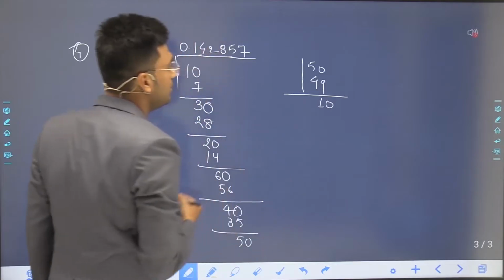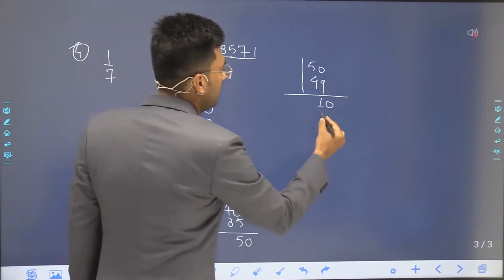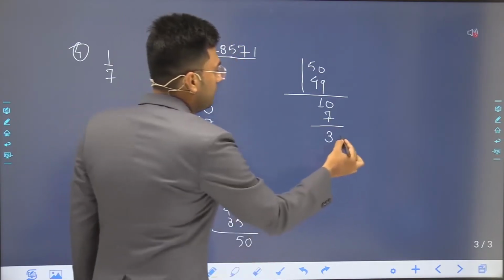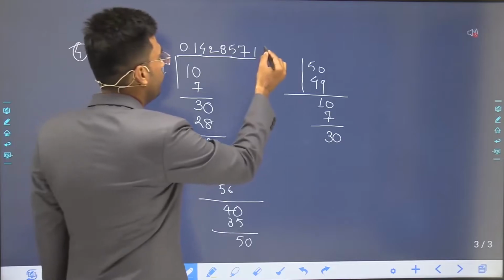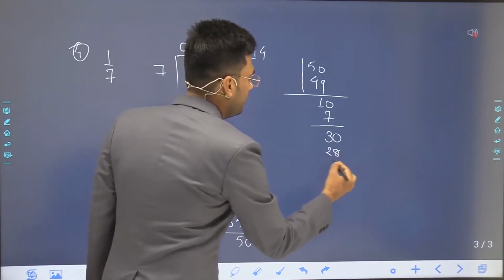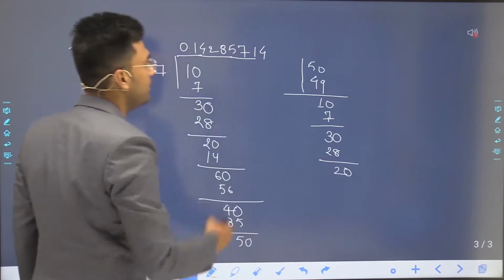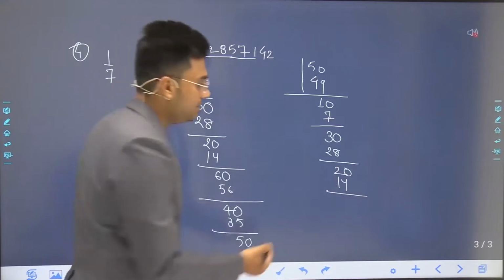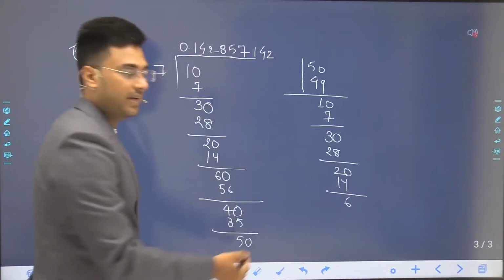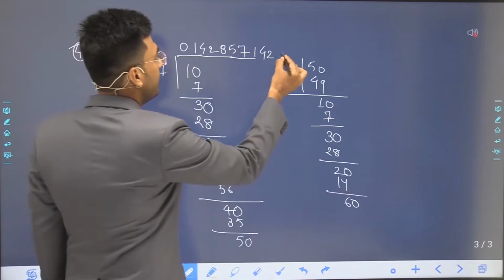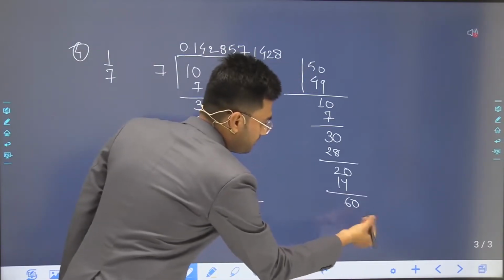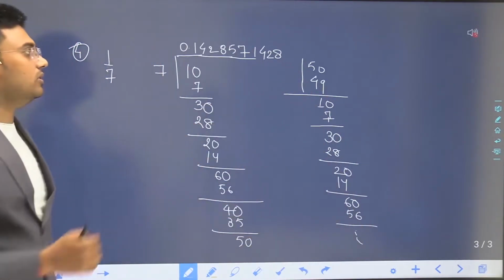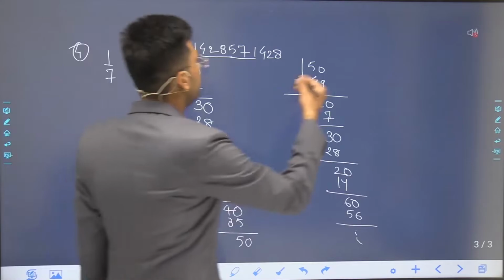Now it is 0, then again it divides 1 time, and it is 7, then it is 3, it becomes 30, then 4 times 28, then remainder is 2, then it becomes 20, again it divides 2 times 14, then the remainder is 6, again it becomes 60, and it divides 8 times, and it is 56, and so on.